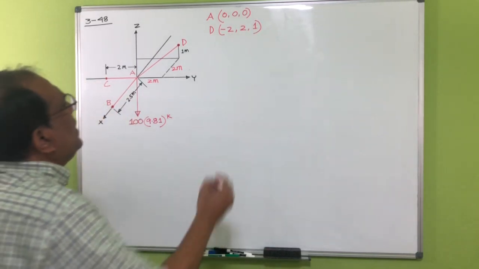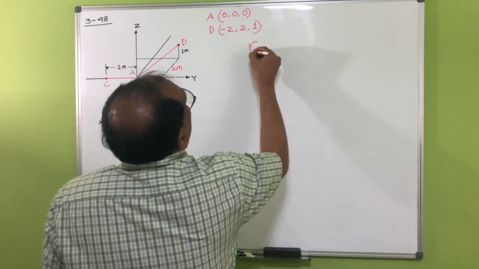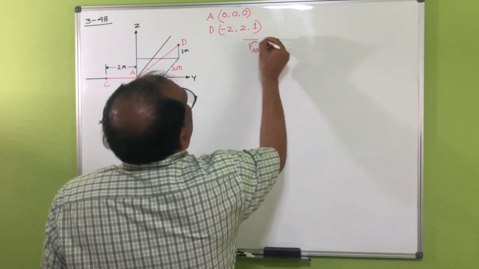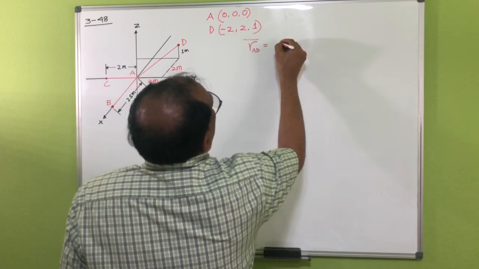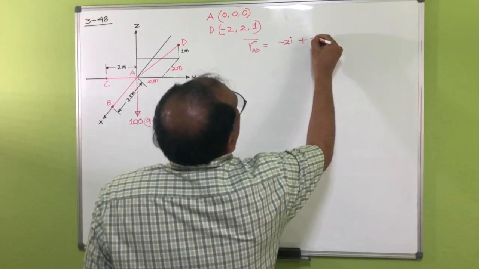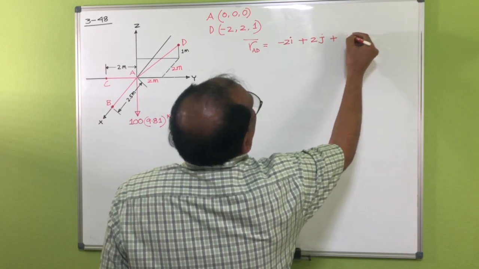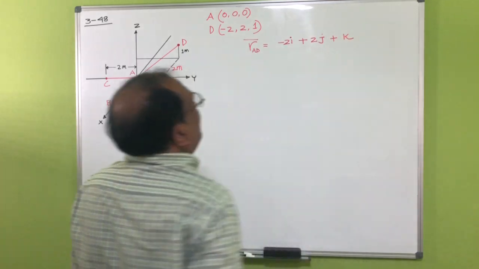Okay, so the position vector from A to D would be D minus A, so minus 2I plus 2J plus K.